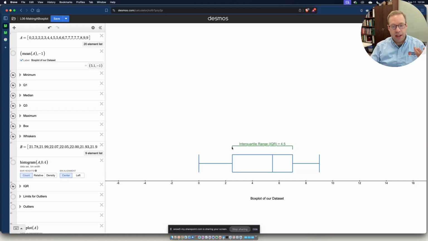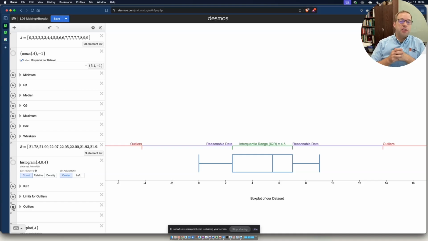Likewise, from our first quartile, we go 6.75 units down from there. And that's all reasonable data. But what about beyond that? Well, beyond that, that's the region where it gets a little bit extreme. And so we say, no, those are outliers. Let's not worry about those.